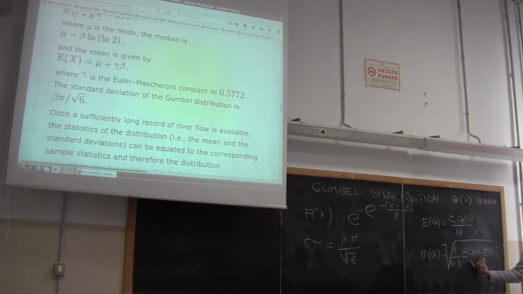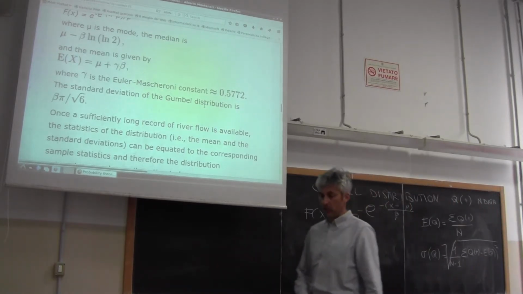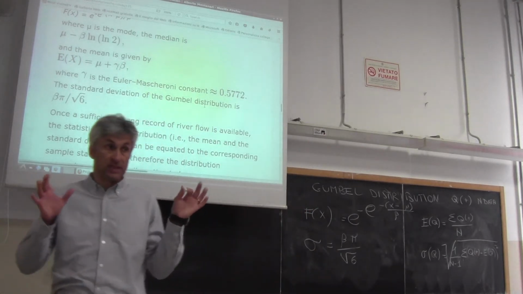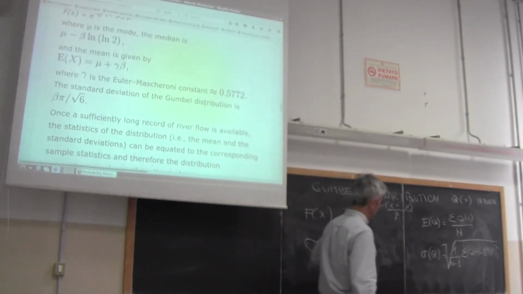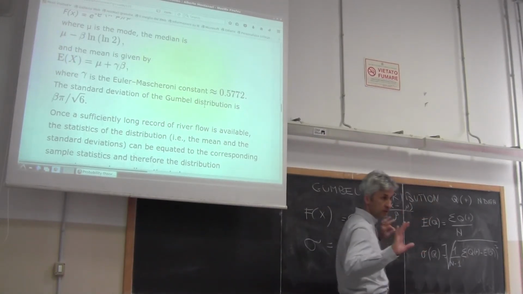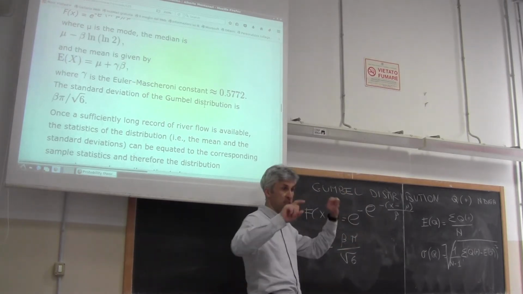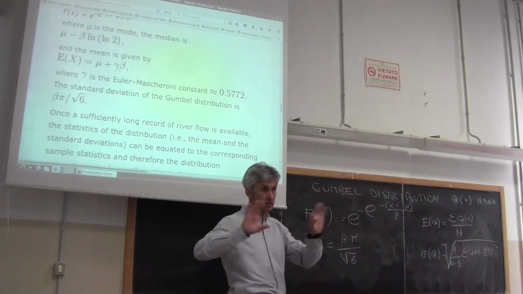So, first of all, I take the difference between each observation and the overall mean, I square it, and I sum it over all the observations. I divide by n minus 1, and I obtain the standard deviation by taking the square root. This can be easily found on Wikipedia, how to compute the standard deviation. So, once the standard deviation is known and you compute it from the data, there is a function in R, SD of the vector, you get it.